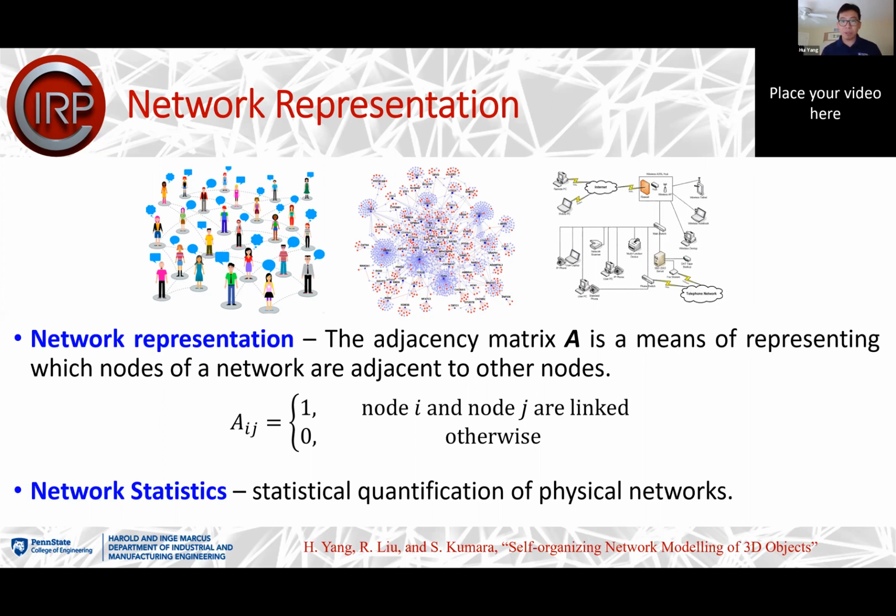After you build the network, you can extract or characterize the network statistics, which is also called statistical quantification of the characteristics of the network. Those statistics will give you some characteristic or salient features about the network.